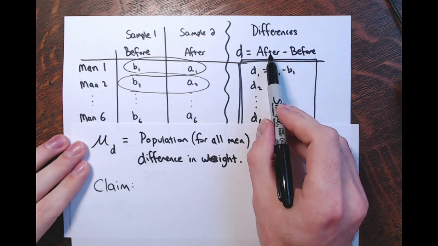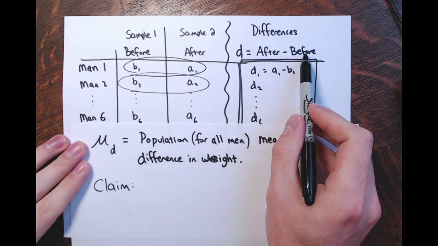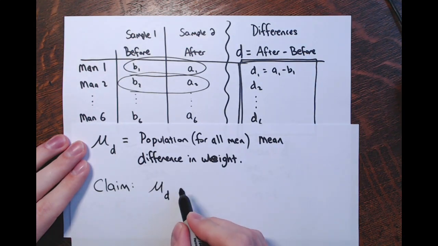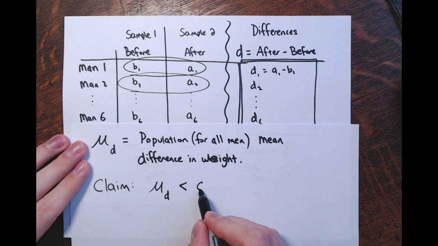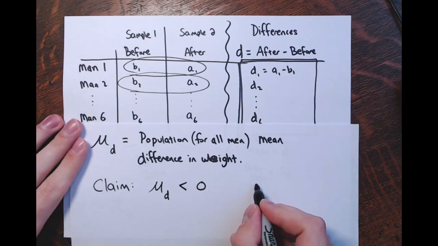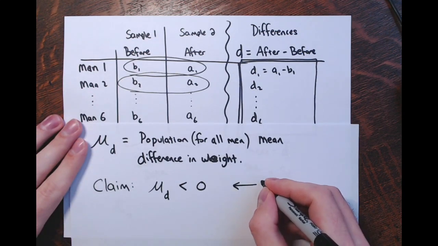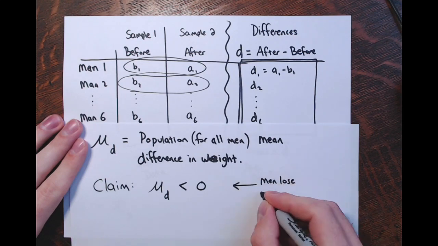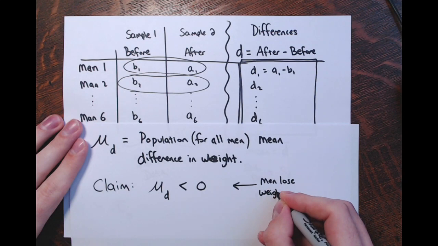And if you take one number and subtract a larger number from it, it's going to be negative. So the claim here is that mu d is less than 0, is negative. This would mean that the supplement helped men lose weight. Men lose weight on average.